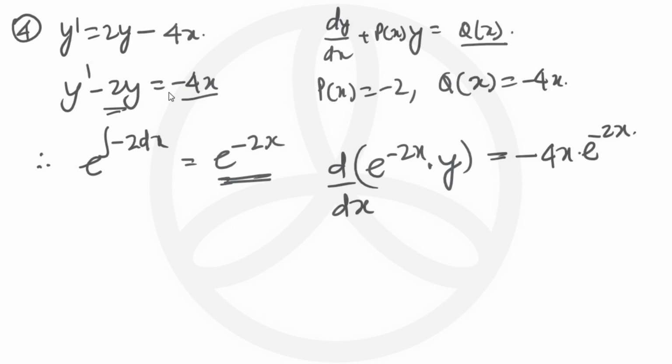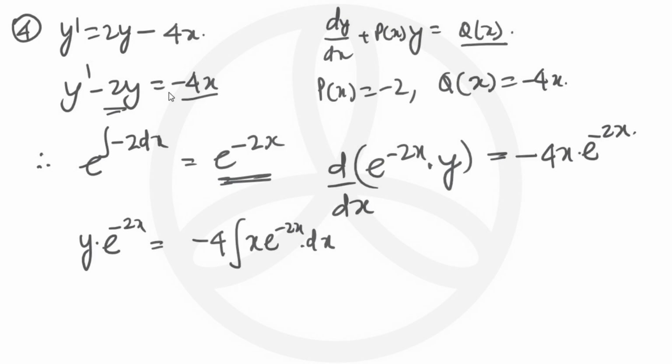When we apply the sign of integration on the left hand side, this simply becomes y multiplied by e to the power -2x, whereas on the right hand side this will be a little complicated because we need to apply integration by parts in this case. Without that we will not be able to do it.